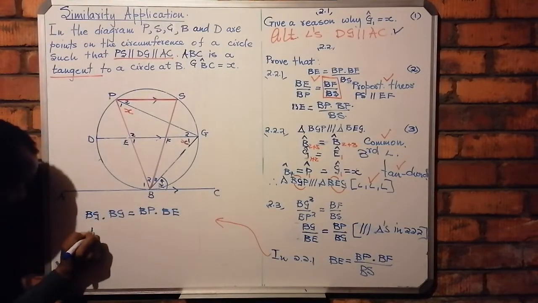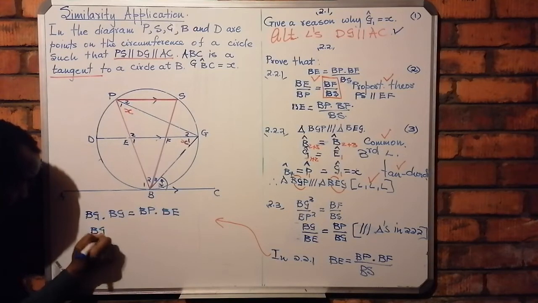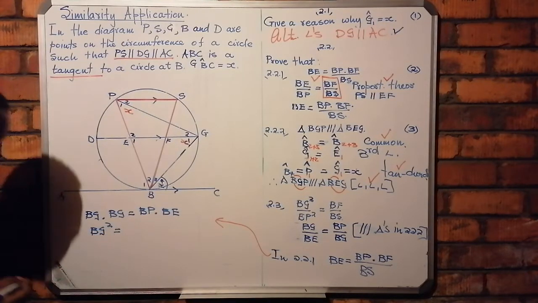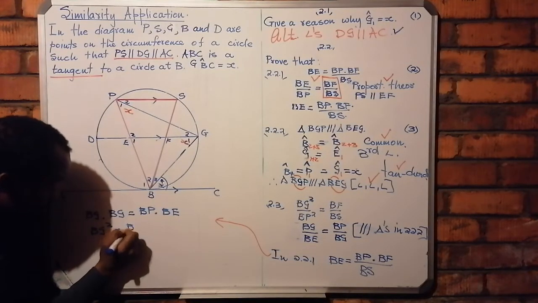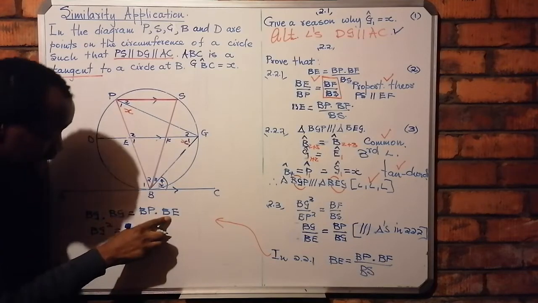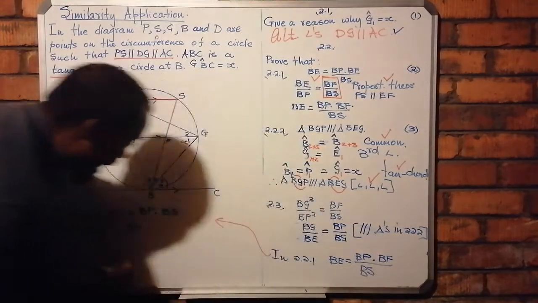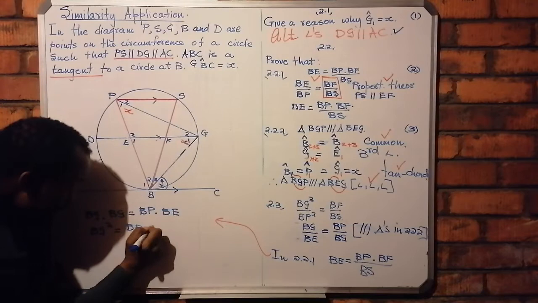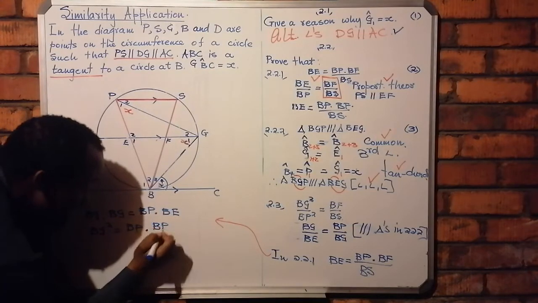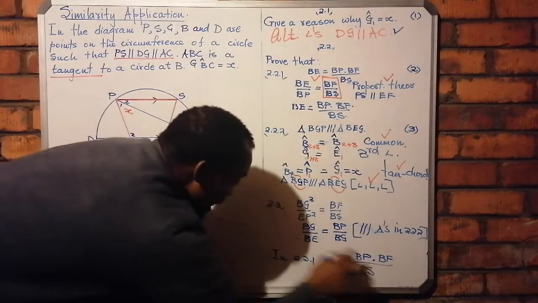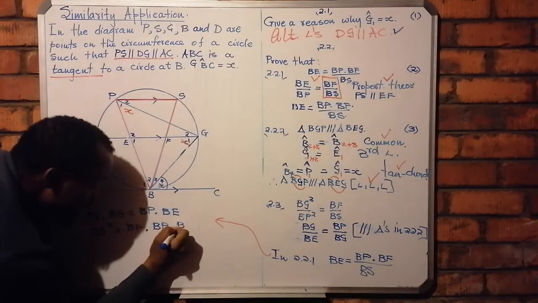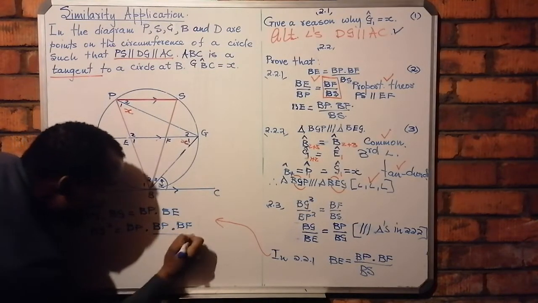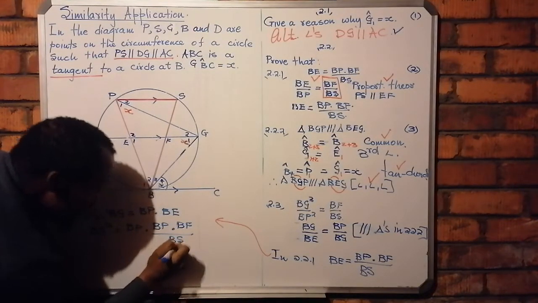That is BG squared is therefore equals to BP. Remember, BE is that. BP multiplied by BP there multiplied by BF divided by BS.